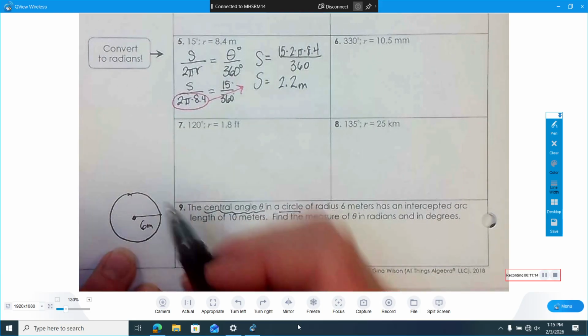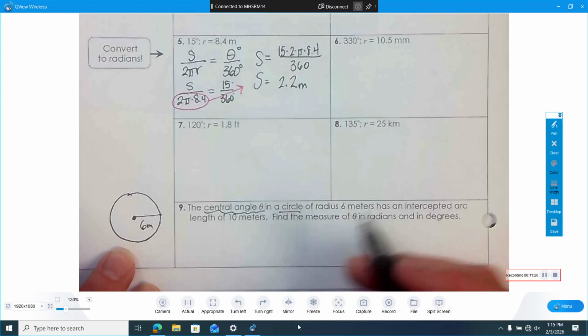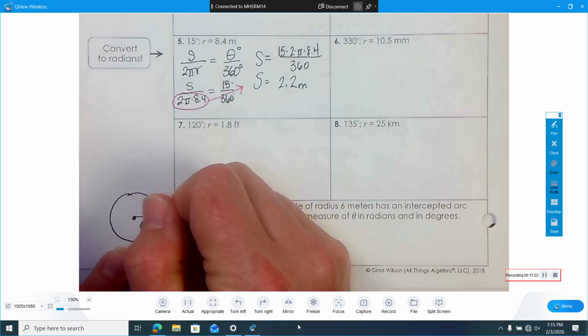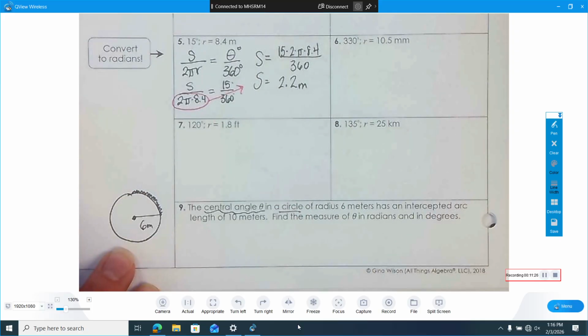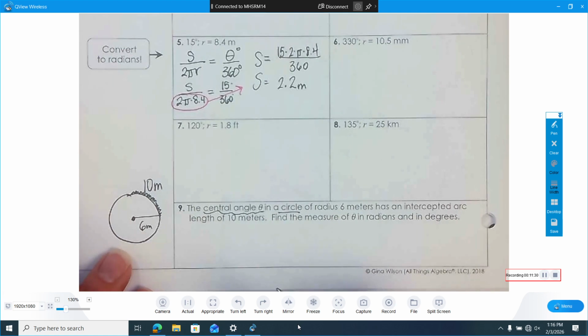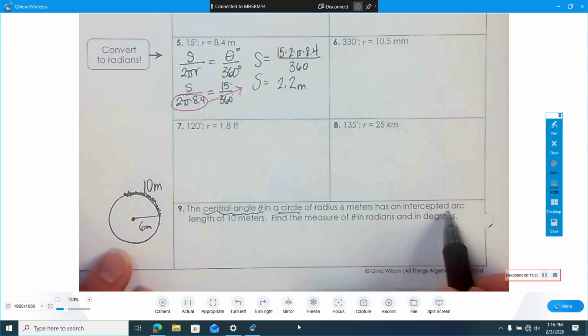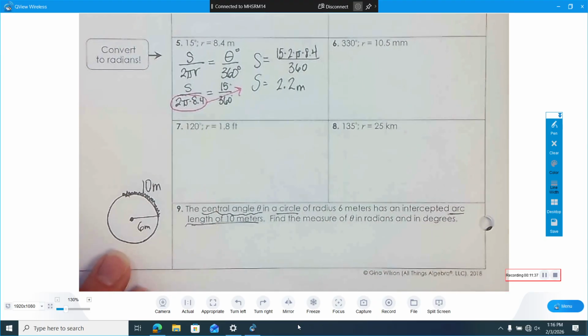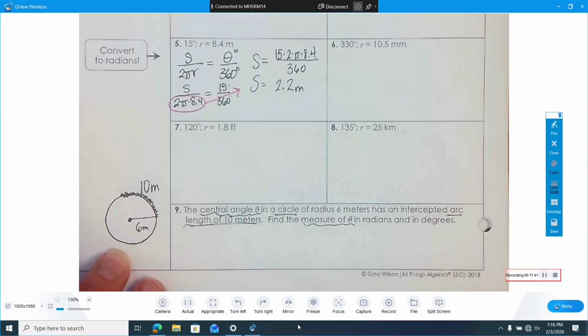And there's a central angle theta that has an intercepted arc of 10 meters. So there's the arc length that we know, like 10 meters. I don't know how far that goes, but that's what they're saying. The arc length is 10 meters, and we want to find the measure of theta.